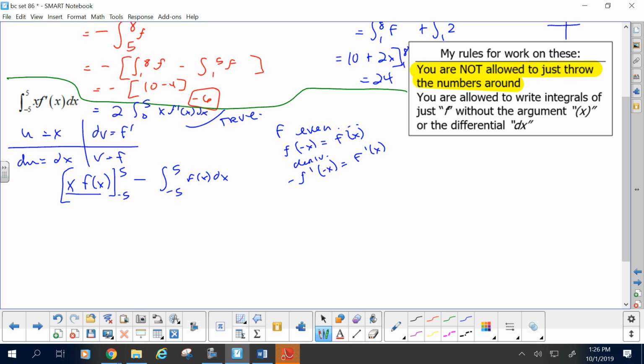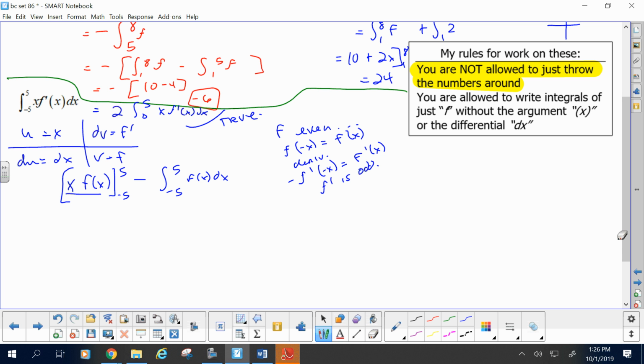That means that the derivative is odd. Okay? F prime is odd. Now, whether you know it or not, you just proved a big theorem of mathematics. The derivative of an even function is odd. And likewise, the derivative of an odd function is even. That holds true if you look at sine, cosine, tangent, cubes, squares.